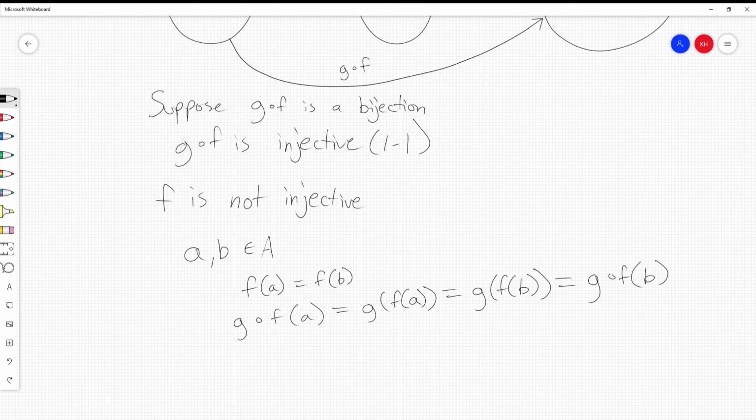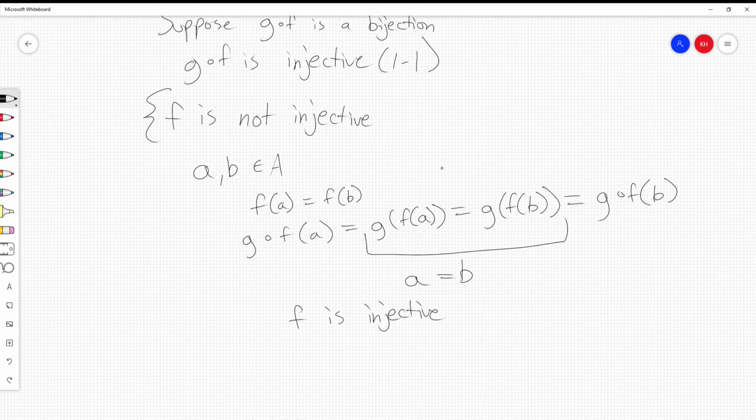This is a problem because this is going against what we assumed. So we have g of f is injective and that f is not injective, right? We're getting a contradiction here now because these two are assuming that A is equivalent to B in this scenario. And we can't have that. So therefore, from our assumption, we get the opposite, that f is injective.